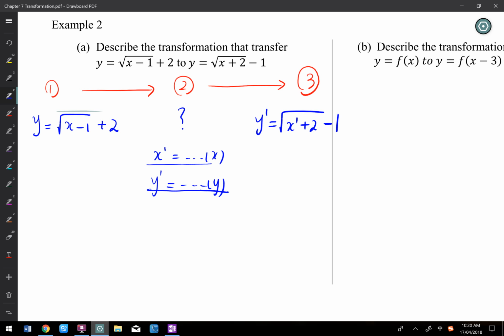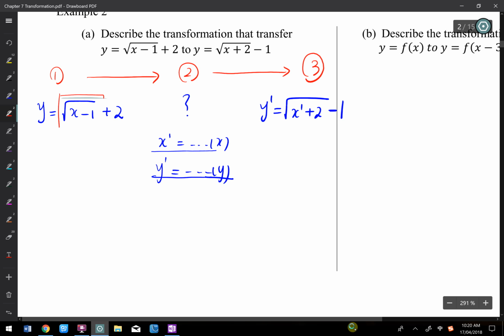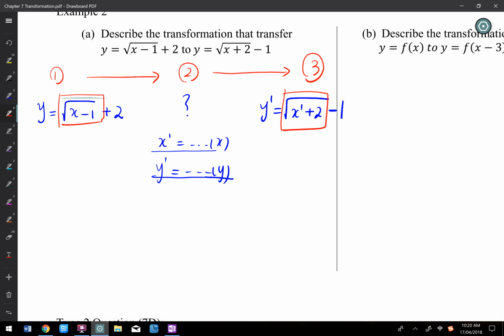Everything else I want to move to the left hand side. What do I mean by anything else? Like any dilation in the front or any minus or plus value at the back, I want to move it to the left. So in this case I will only leave the square root on one side, and the other things all to the left. So this is the basic rule.